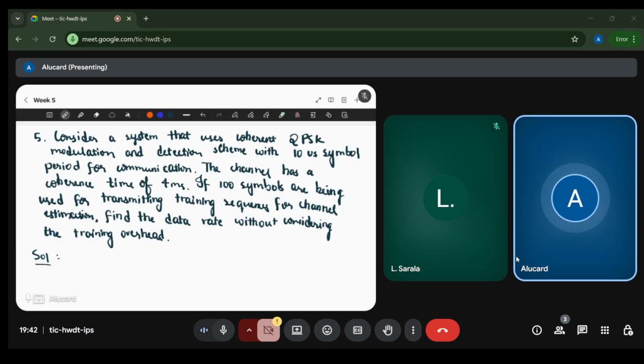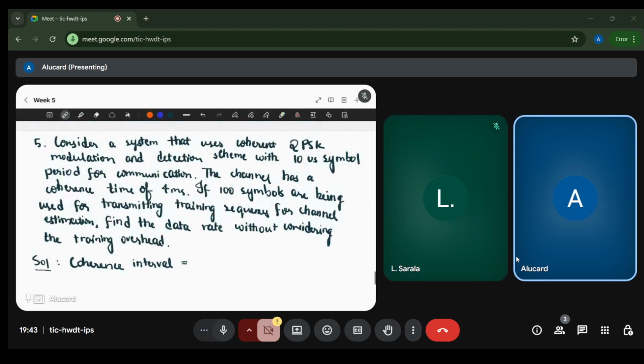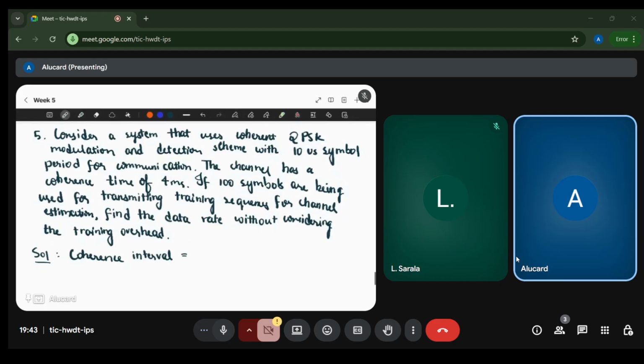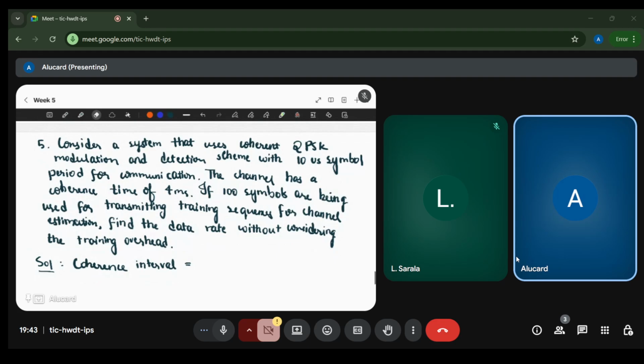So we have coherence time is 4 milliseconds.